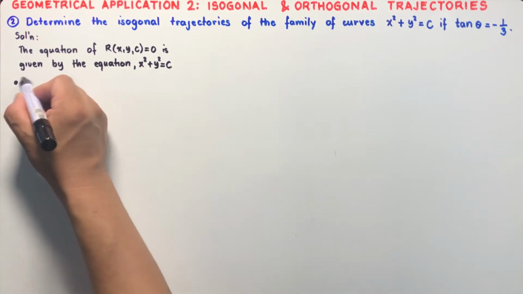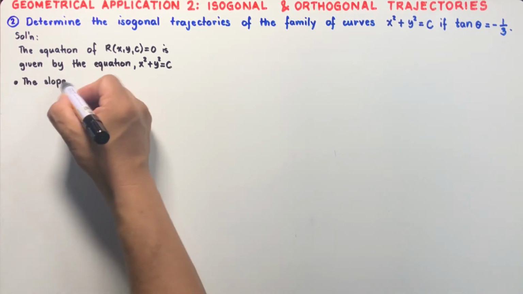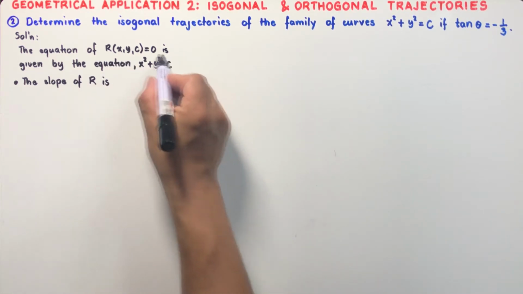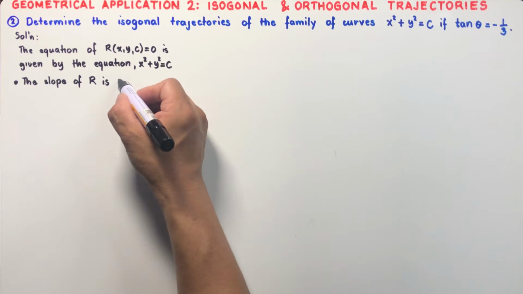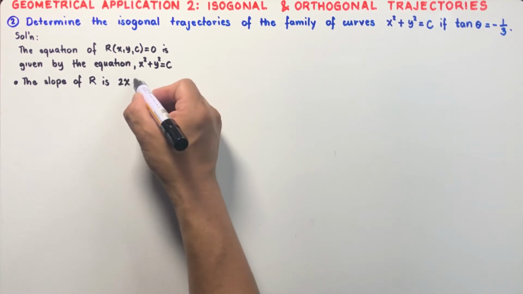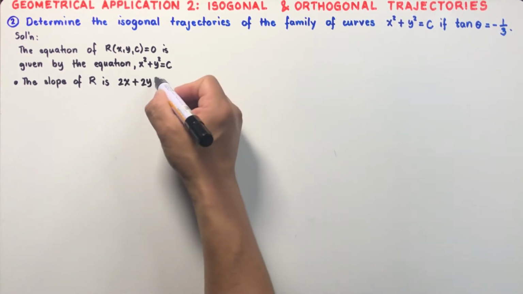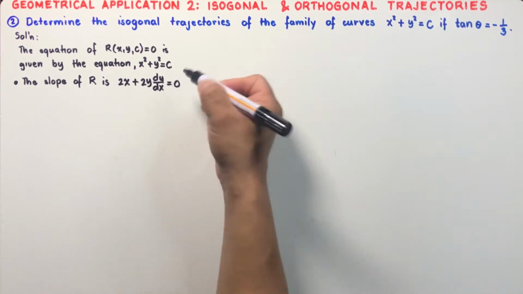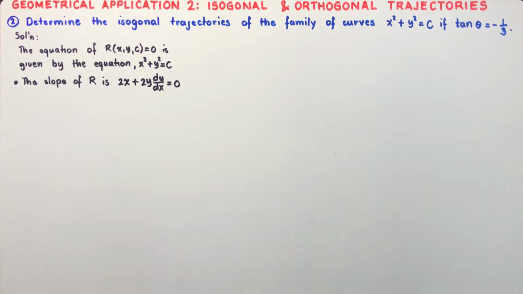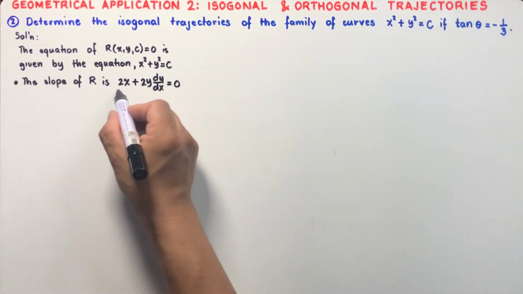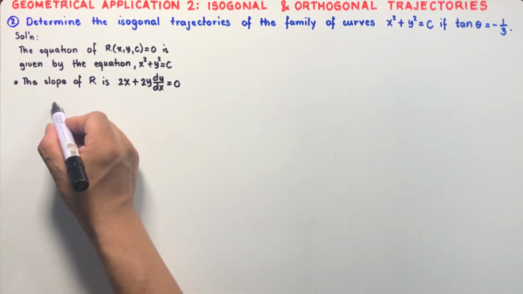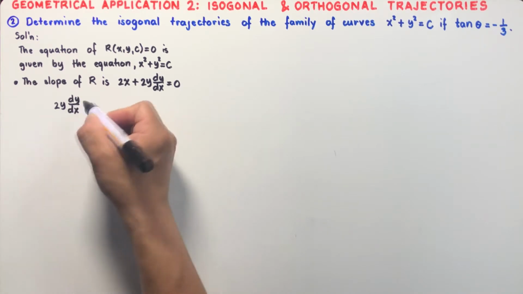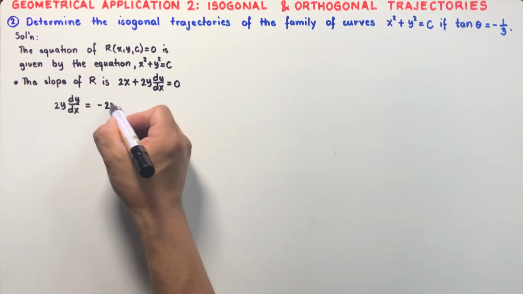And to solve for the slope of this family of curves, we need to find the derivative of this equation implicitly. So this is 2x plus 2y dy/dx, which is equal to 0, because the derivative of a constant is 0. So moving this term to the right-hand side of this equation, we have 2y dy/dx, which is equal to negative 2x.